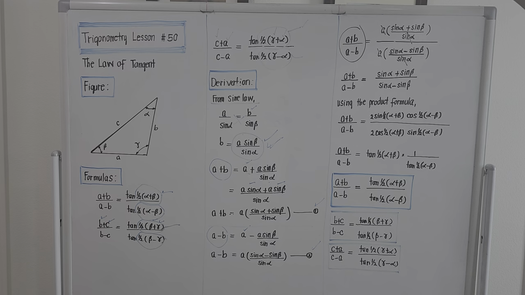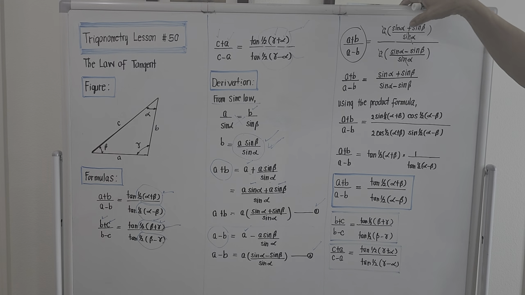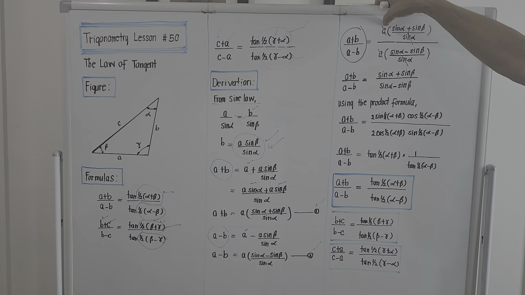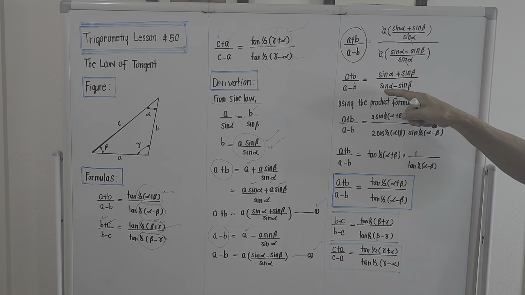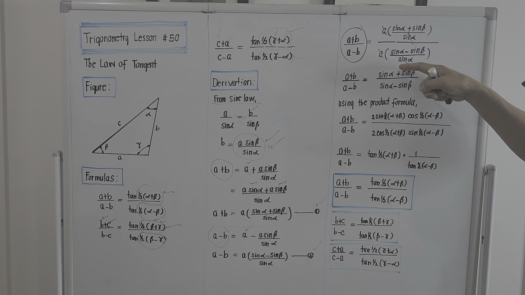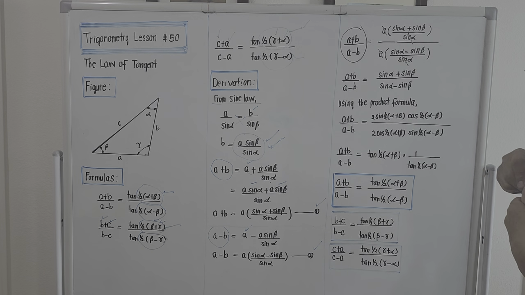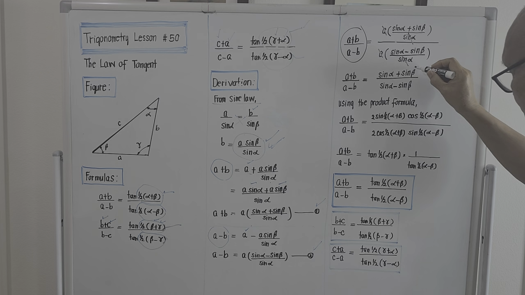What remains for the numerator will be, A is gone, sine of alpha is gone, so what remains will be sine of alpha plus sine of beta over sine of alpha minus sine of beta. This is plus, this is minus. This is still a complicated thing, right?